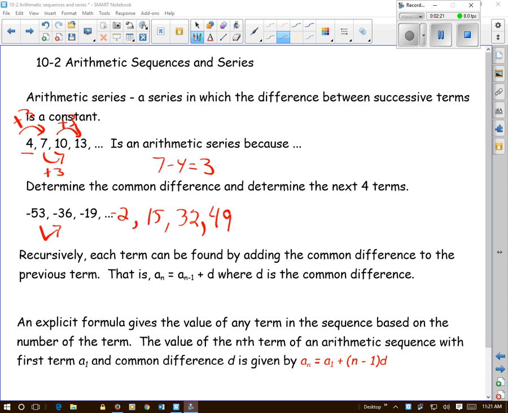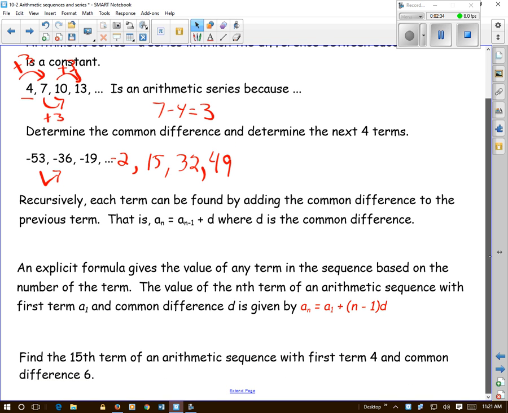Okay, so as we mentioned yesterday, we can look at these either recursively or explicitly. Recursively means that we need to know the previous term to find the term that we want. So recursively, we can find that by adding the common difference to the previous term. So that's our formula here: a sub n equals a sub n minus 1 plus d, the common difference.